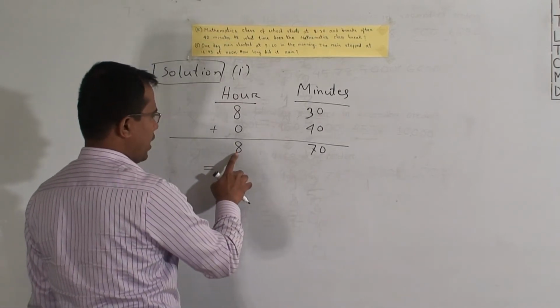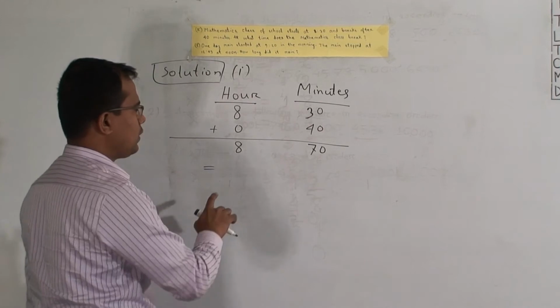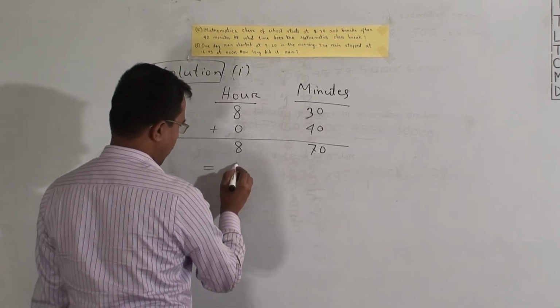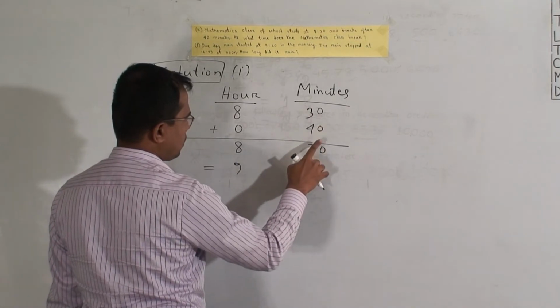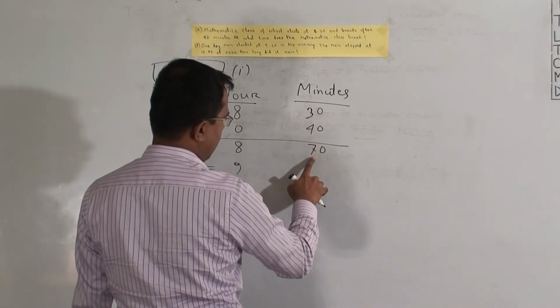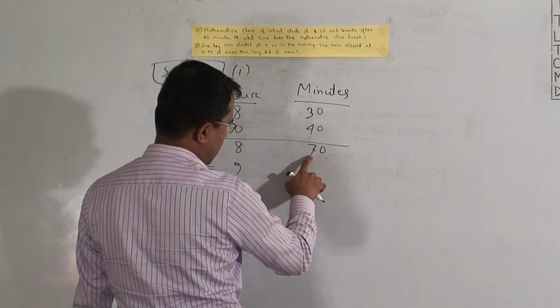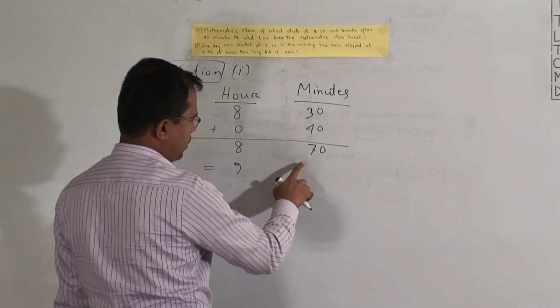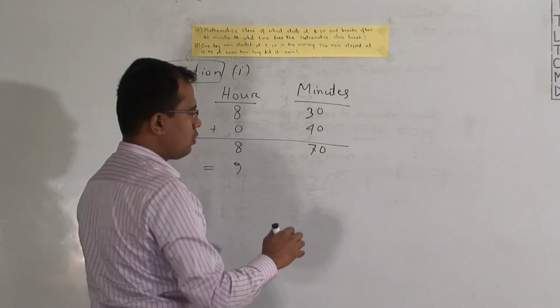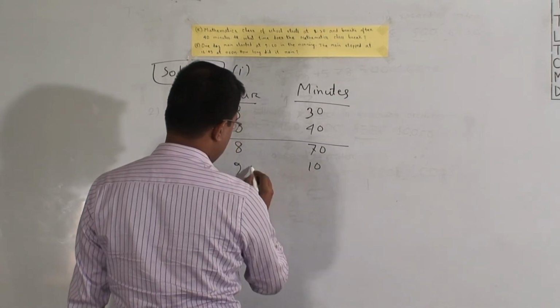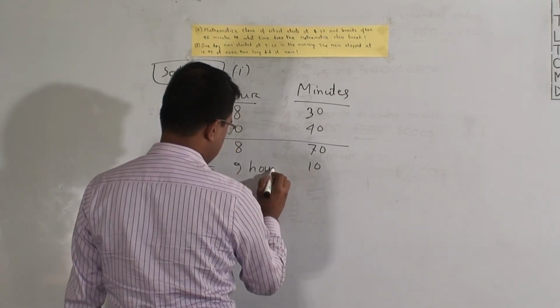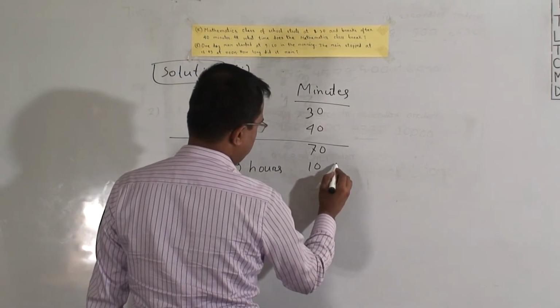We add 1 hour to 8 hours, then it will be 9 hours. Since we transferred 60 minutes from this place, only 10 minutes will remain. So here it will be 10. That means 9 hours 10 minutes.